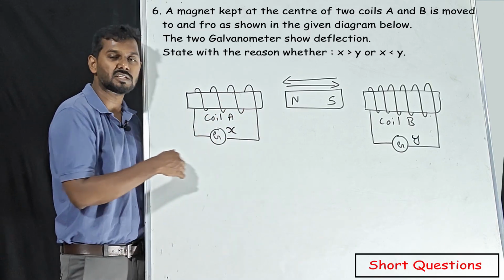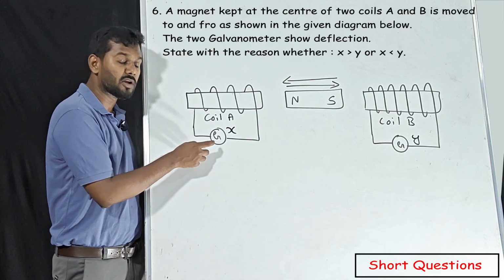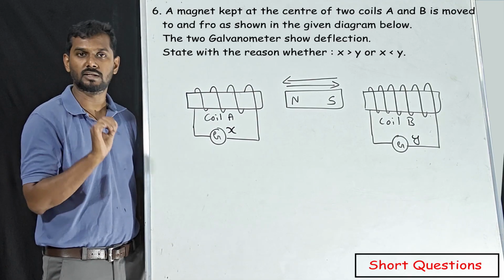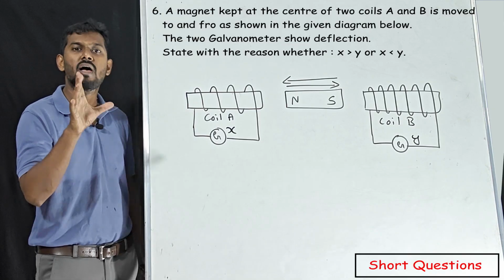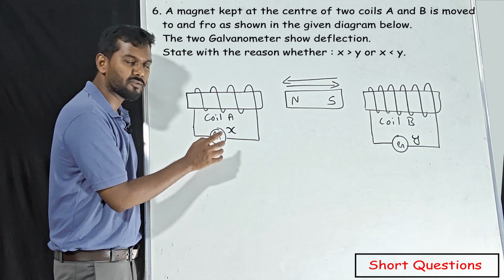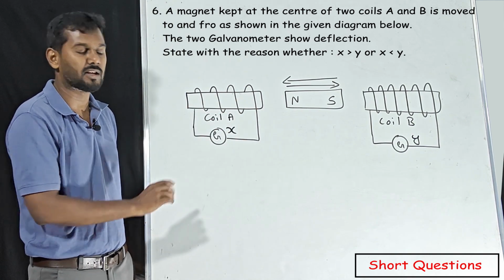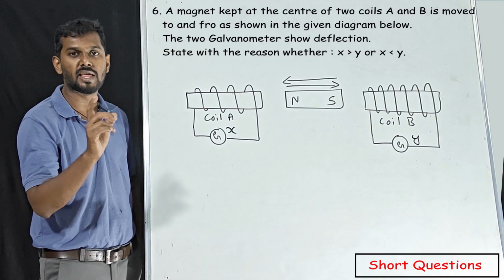So we can find out in which direction the current is flowing. But in this method, we are going to use the galvanometer to find the direction of current.